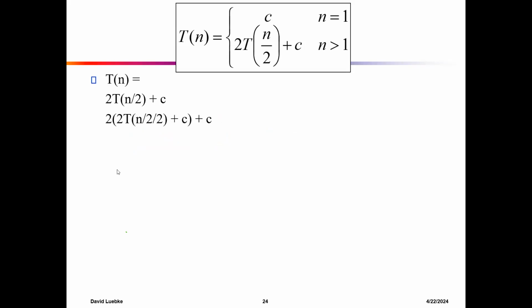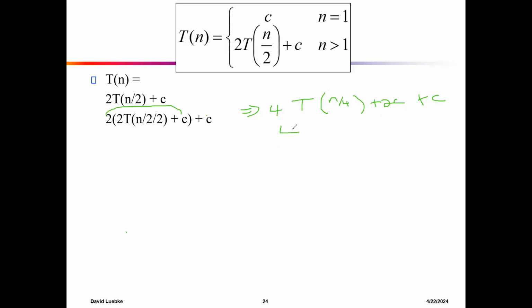So if we multiply it and work it out, 2 2s are 4 times t of, I'm going to put them in brackets, n over 4, plus, now this is 2 of this, so there's 2 of that, plus 2c, plus this c.